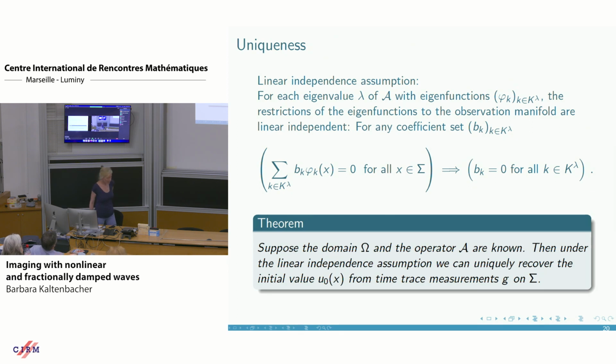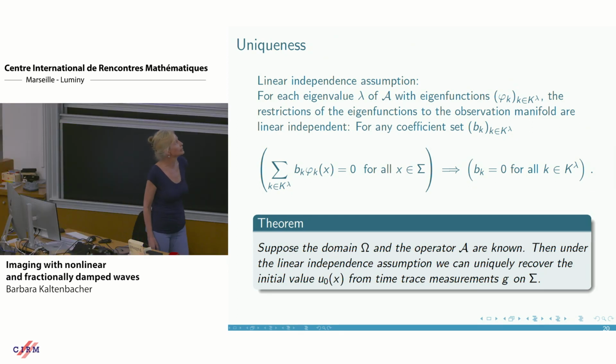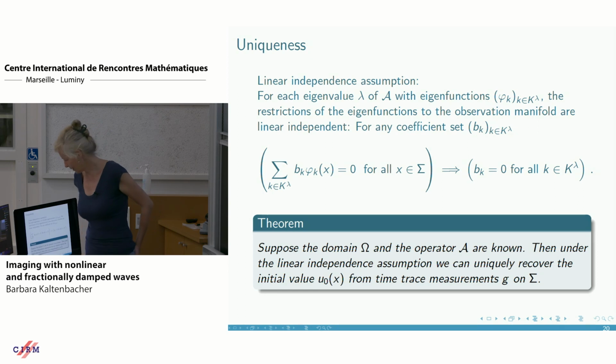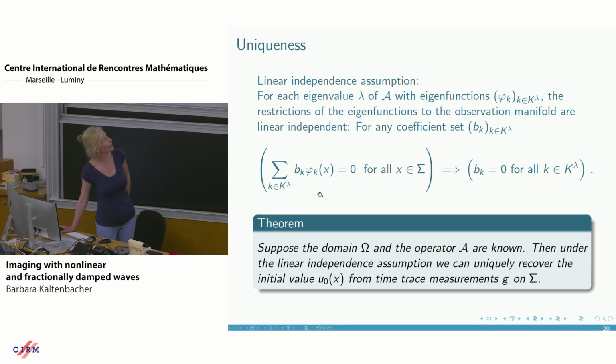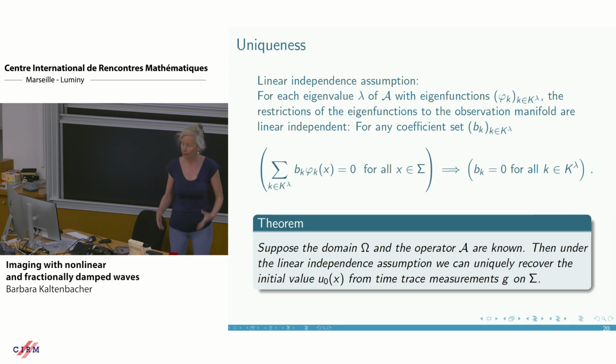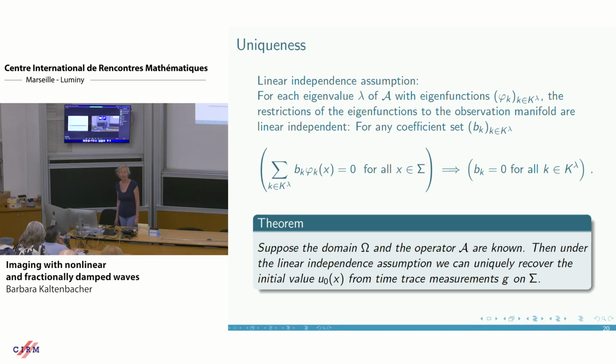So the important ingredient for the uniqueness proof is this one here. So that's what we called the linear independence condition. Maybe you have a better name for this, but it's really about linear independence. It's linear independence of eigenfunctions, namely for a fixed eigenvalue in higher space dimensions, the Laplace operator will typically have several eigenfunctions.